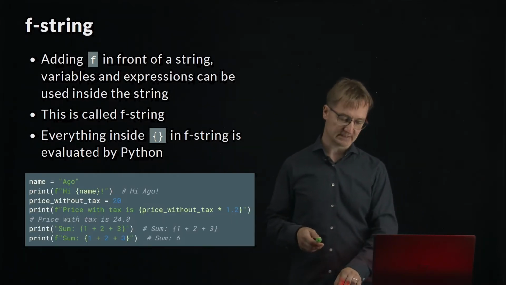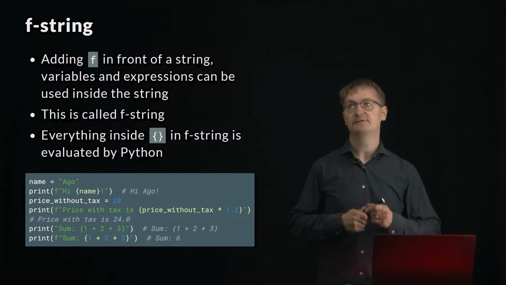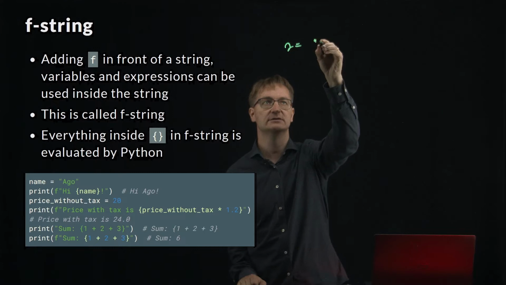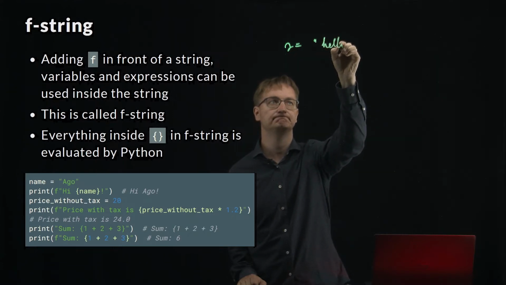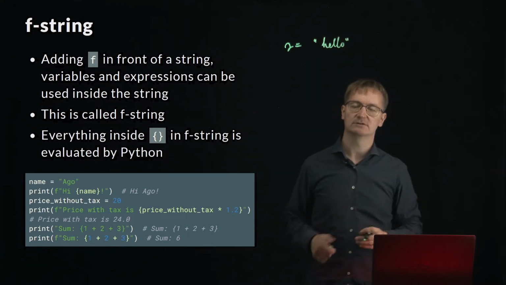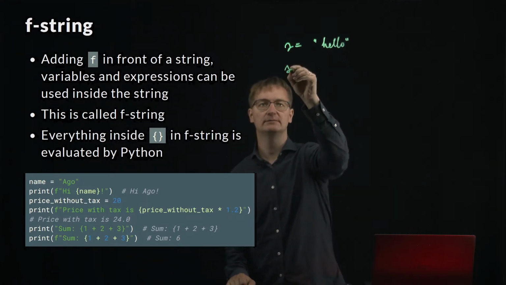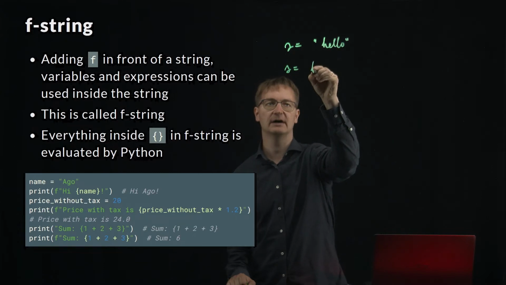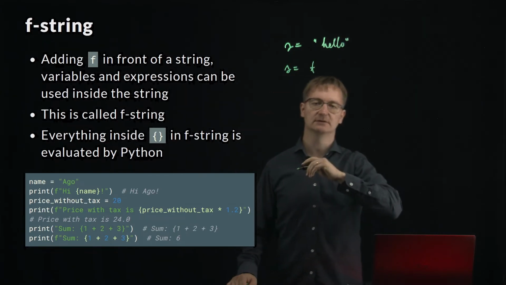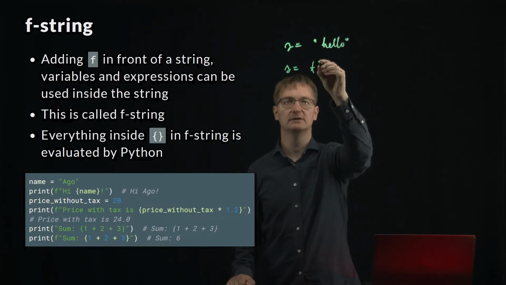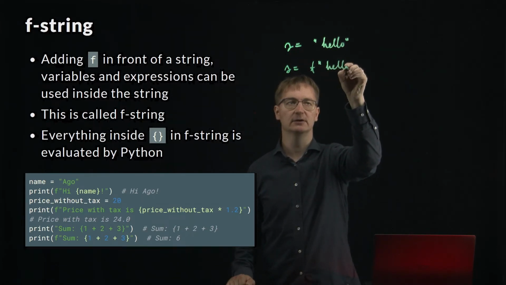Here are some examples. So what happens if we just have a string, let's say s, and the value is hello. This is a regular string, nothing special about it. Now we can have another string, but we add f character before it and write hello here.